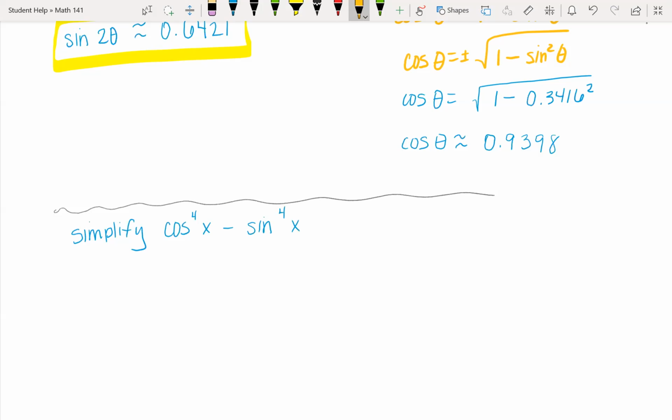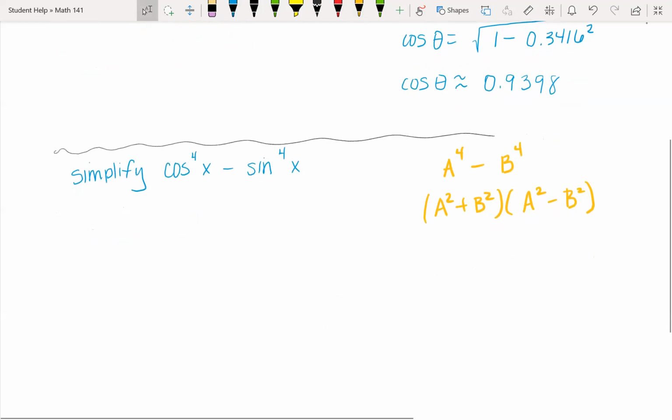This is in the format of, let's just say, a to the 4th power minus b to the 4th power, which is a difference of squares. We could split this up into a squared plus b squared and a squared minus b squared. We've got to get comfortable recognizing something when it's in a format of something we know. So in this case, a is the cosine of x and b is the sine of x.